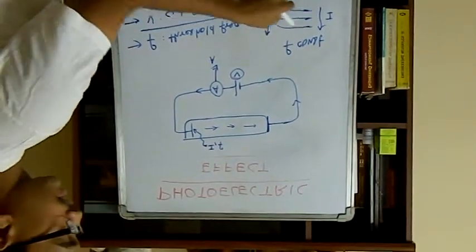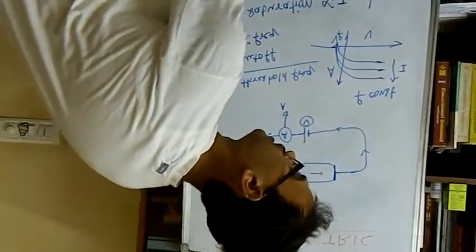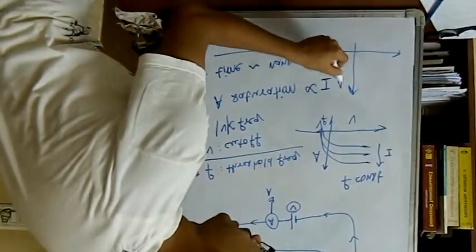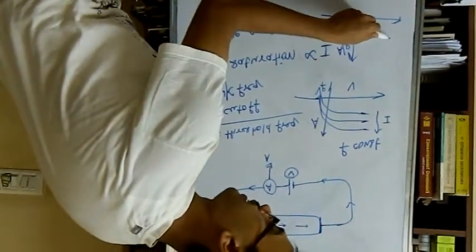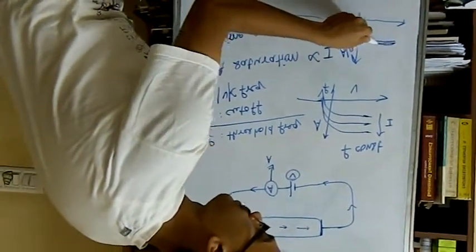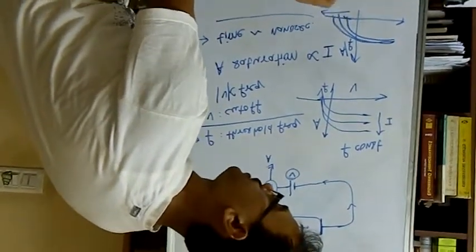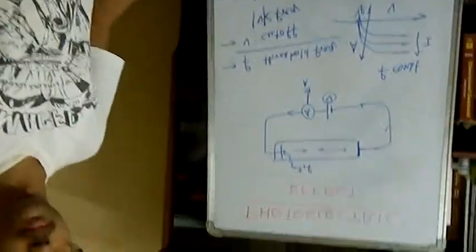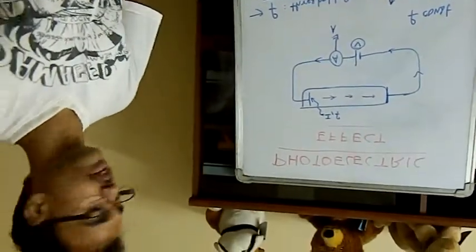When the intensity is increased, correspondingly the saturation current increases. And when the ratio of intensity to frequency is kept constant, the saturation current remained the same, but the threshold frequency kept decreasing. This is increasing frequency. These are the plots that are observed experimentally, and the classical electromagnetic theory was not able to explain the existence of a threshold frequency.